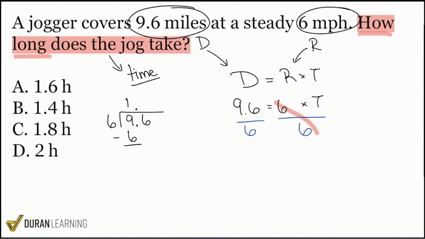We have 3 as the remainder, but we're not done. We're going to drop the 6 down right here, and now we have 6 going into 36. How many times does 6 go into 36? Yeah, that'll be 6 times, and there we are. Boom, all done. Our final answer here, the correct answer, is going to be 1.6 hours. And that is answer choice A.